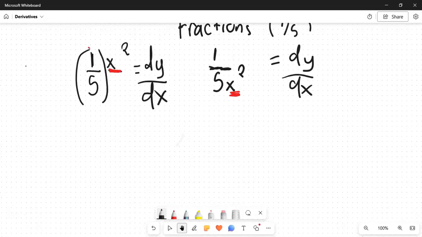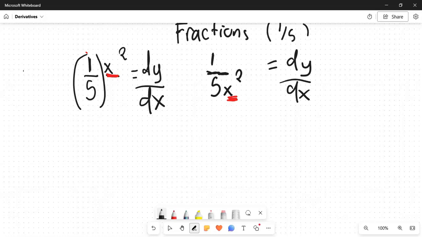So let's do it. Here it's as simple as that. We bring the power down, so it becomes 1 over 5 times 2x, since 2 minus 1 is 1. In any power, the law of indices states that any number raised to the power 1 is the coefficient itself, so it's not a must to write power 1.